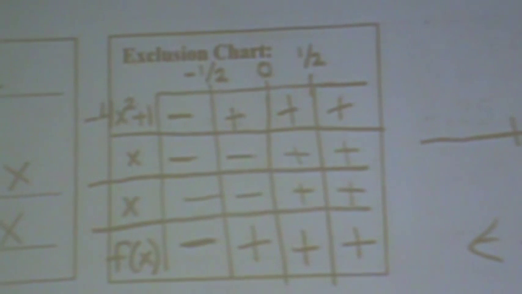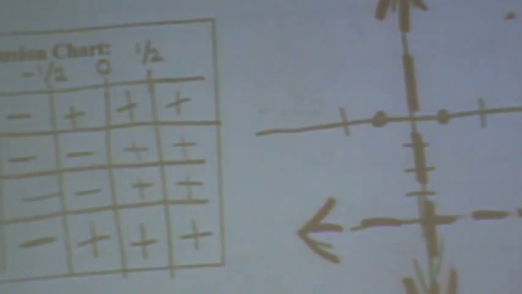So, how are we going to graph this? So remember, we have an asymptote here. We have an asymptote here.